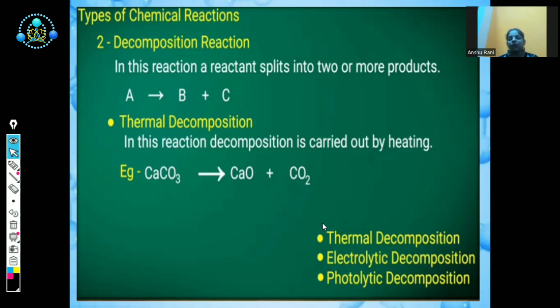Thermal means heat. When you are heating a substance and it is breaking down into its constituents, into its components, it is thermal decomposition. Electrolytic decomposition means you have to give electric spark and it will break up into its components. In photolytic decomposition, we are keeping things in sunlight or in different forms of light and it is breaking down into its constituents.